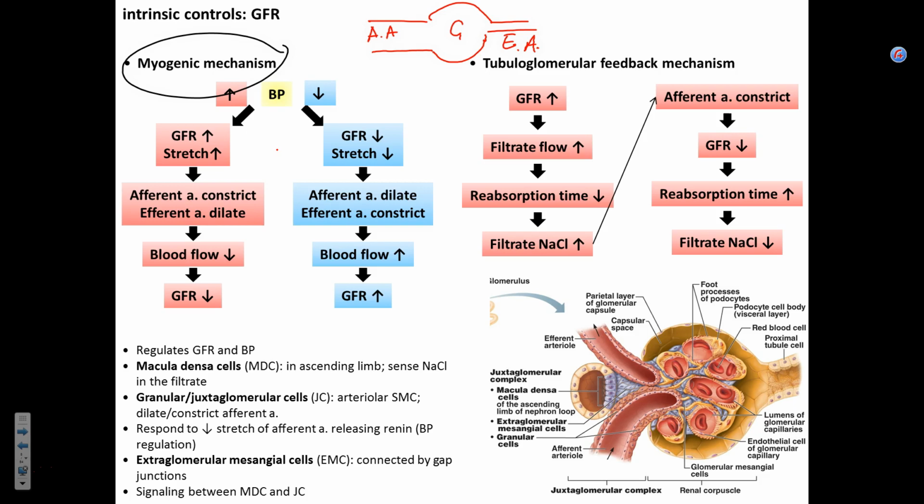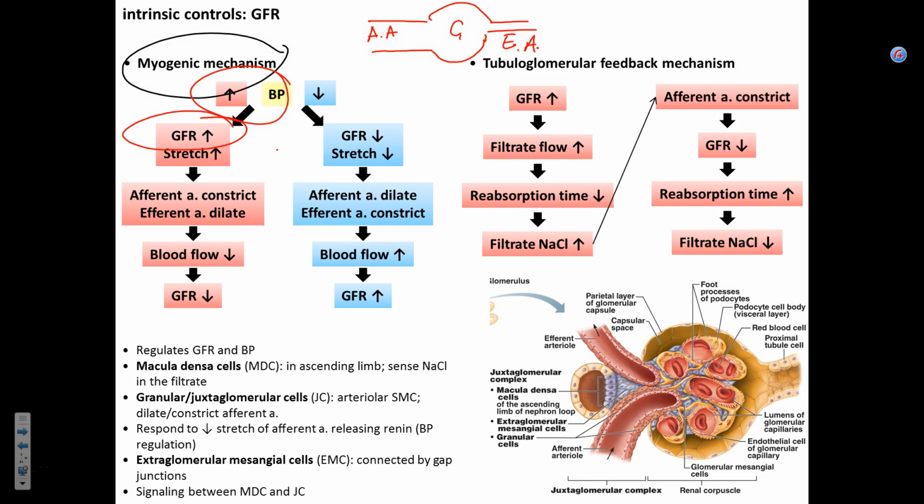Now imagine, we're talking about intrinsic controls. Imagine blood pressure goes up. It's a fluctuation. It's normal. It's like, I don't know, 10 millimeters up. Nothing serious. So elevated blood pressure, how will it affect GFR? It will increase it.